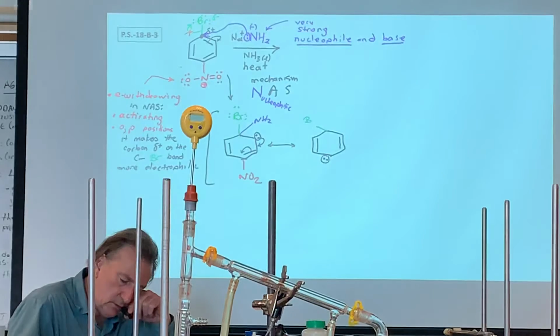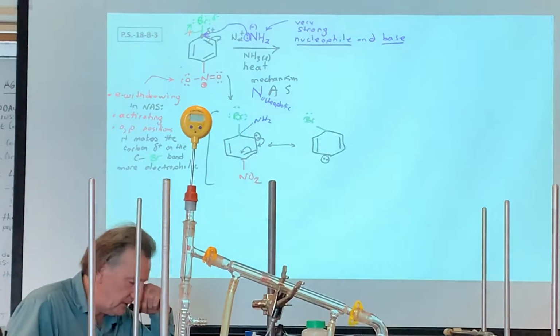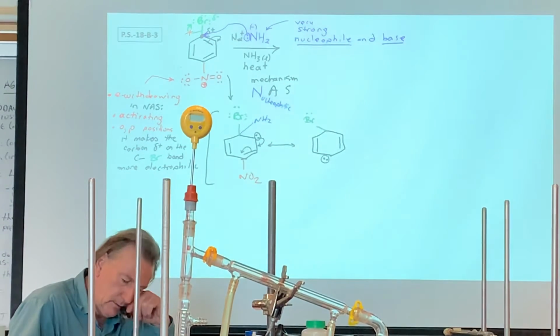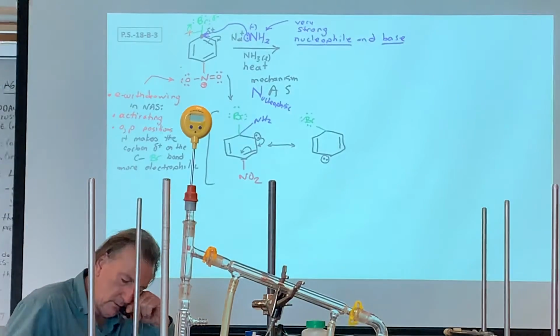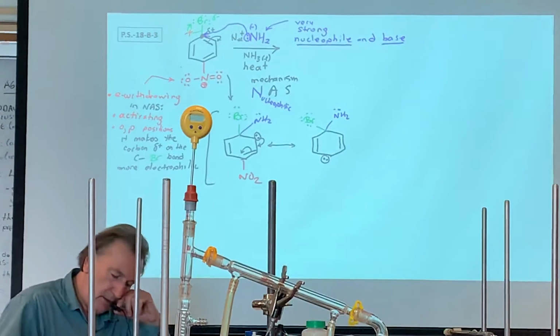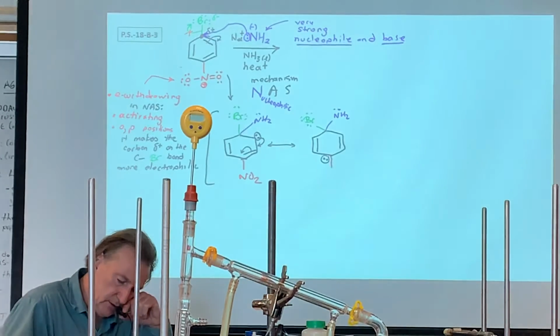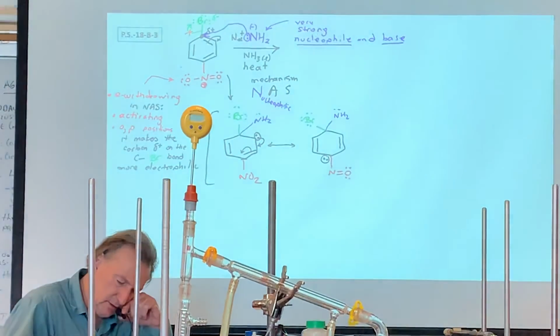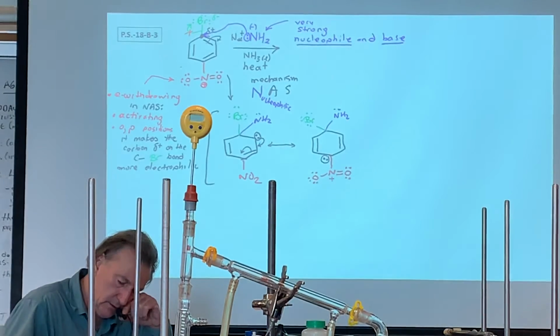So the lone pair will travel around. Okay, and the NO2 is still here. So let me at this point open up the NO2 because we can ask whether we can do another resonance structure there. Okay.